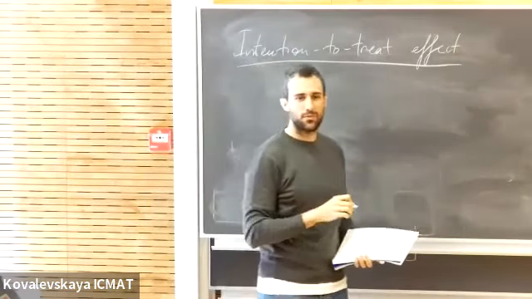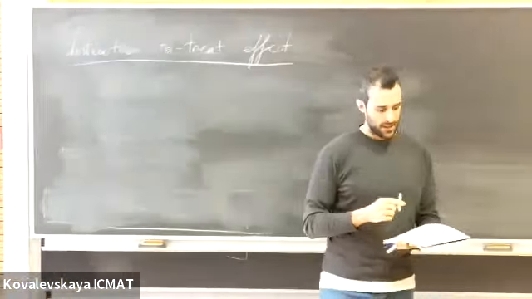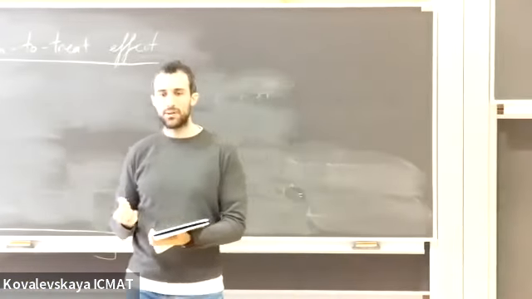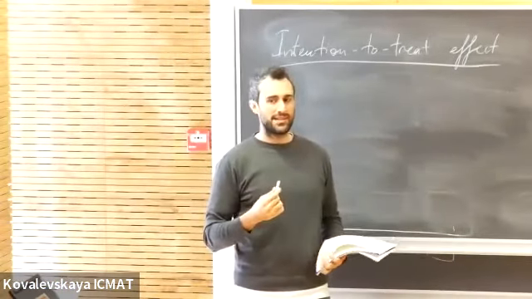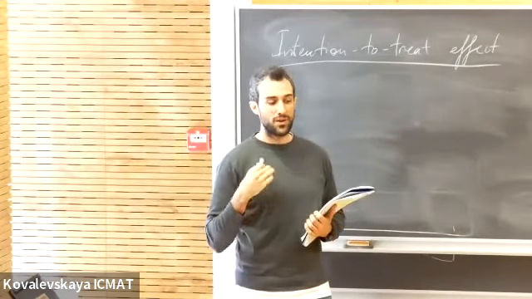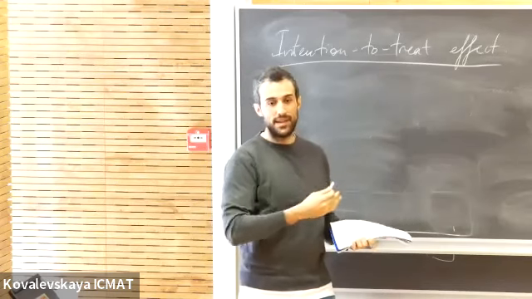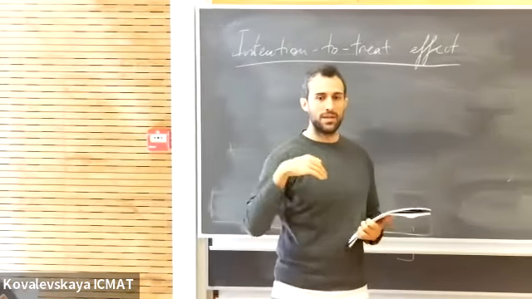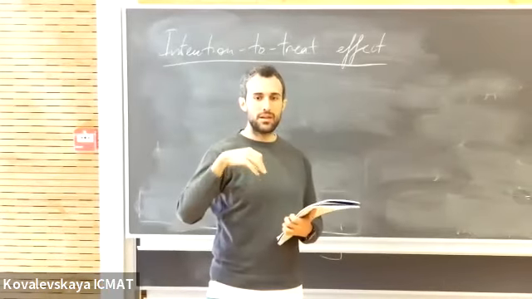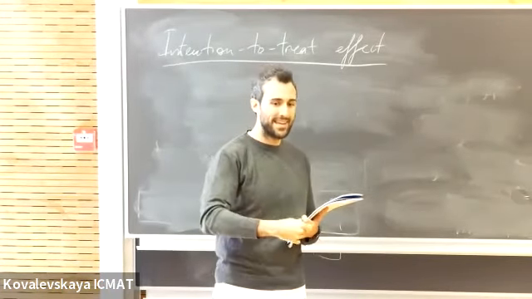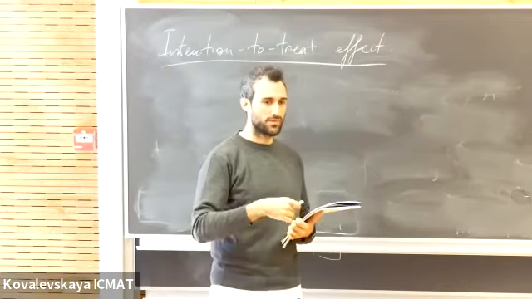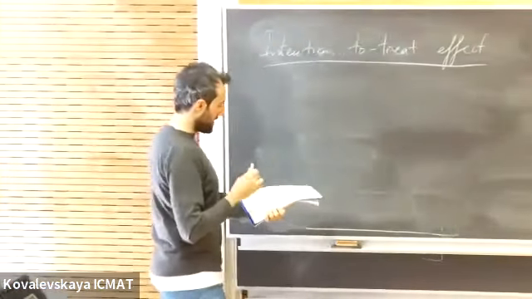I think it was chapter 4 or something like this, maybe 5. I don't know if you remember, but intention to treat is simply trying to measure just the causal effect of the intention to treat a group of people. It's not directly related to the treatment itself, but only assigning a treatment to a group. Not the treatment itself.